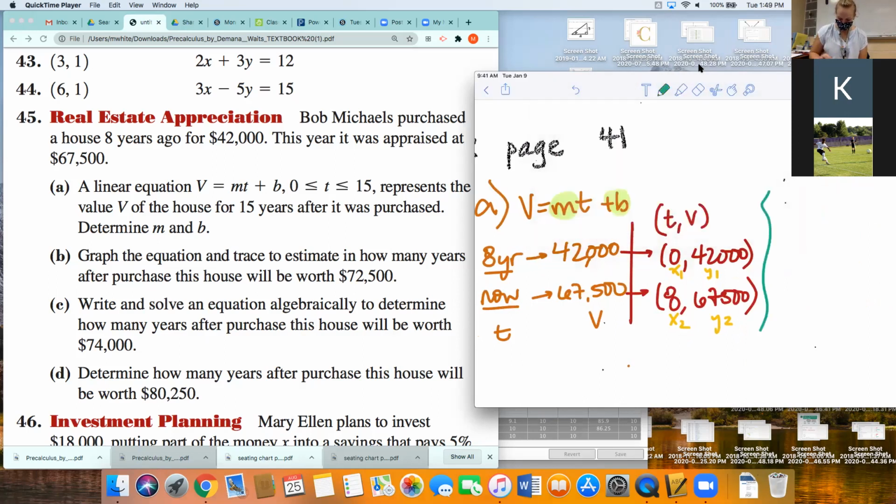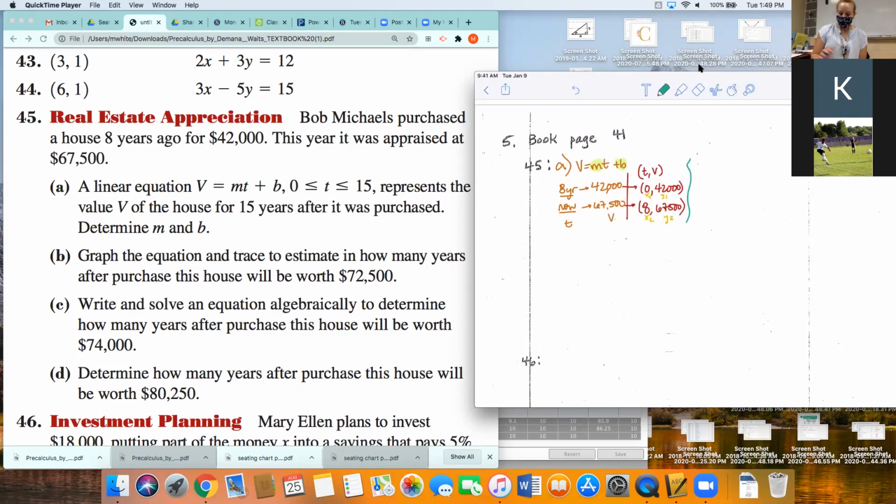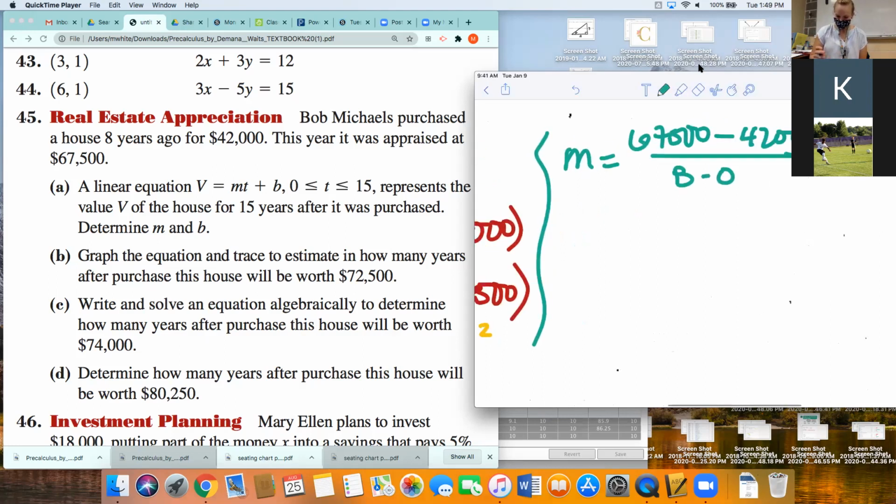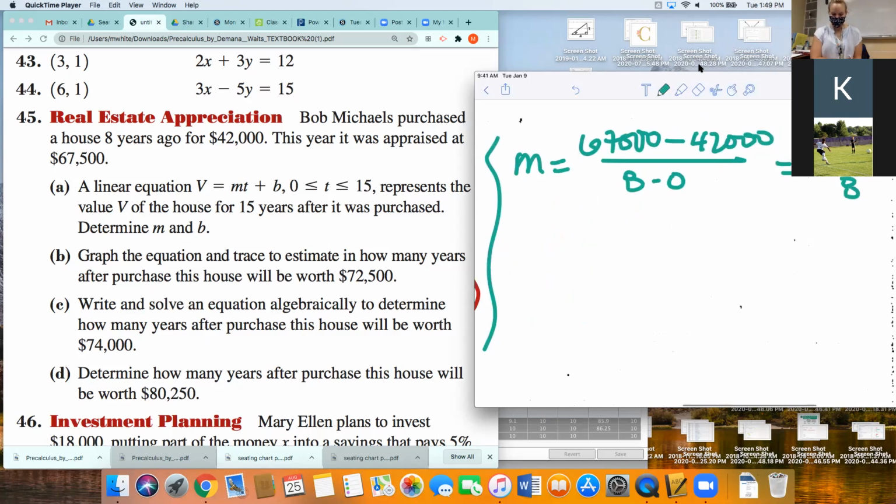I'm going to take those 2 points I just found and put them in for my slope. M equals 67,500 minus 42,000 over 8 minus 0. I know it's 8 on the bottom. I don't know if I'm not good with math in my head today. $25, $50.